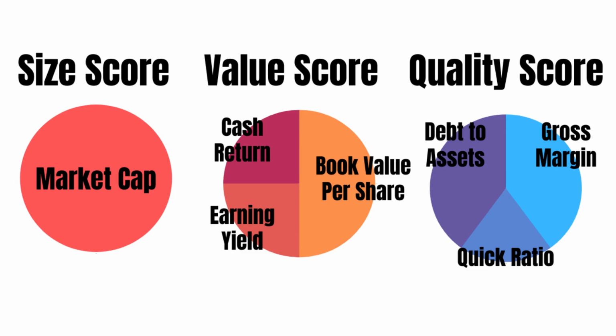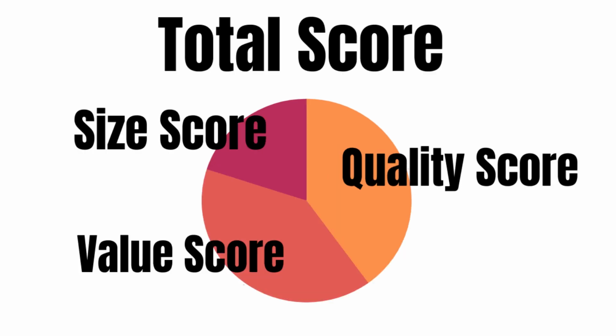When calculating the size, value, and quality scores for each stock, we won't use the actual value of the underlying fundamental factors. Instead, we will just rank the stocks compared to each other. So for instance, having a high book-to-price ratio isn't that important as long as you have a higher ratio than other comparable stocks. Before we can actually make any trading decisions, we must first combine our size, value, and quality score in a meaningful way.